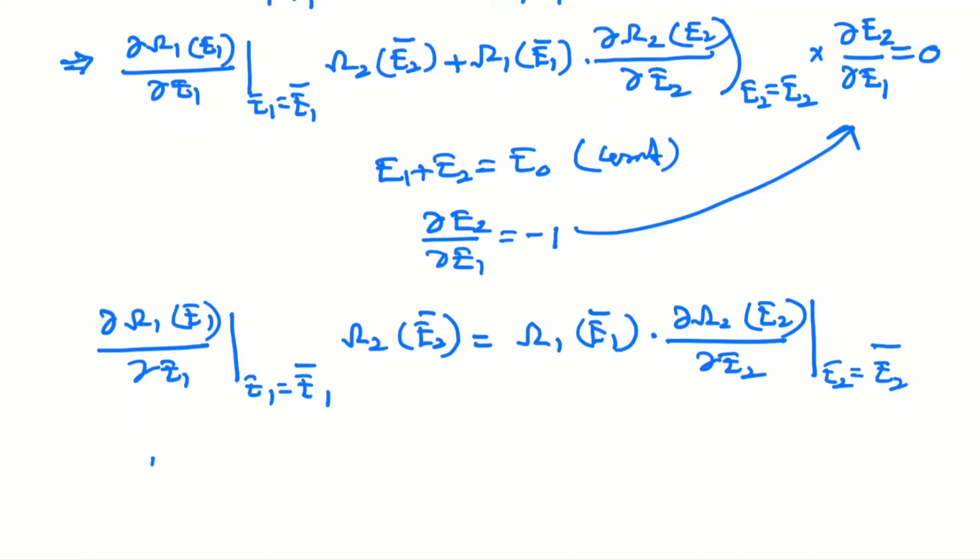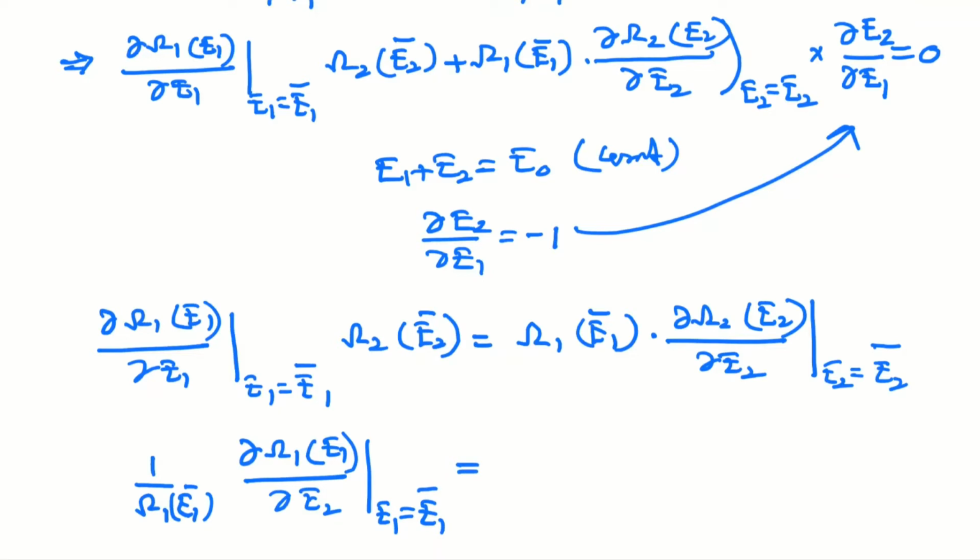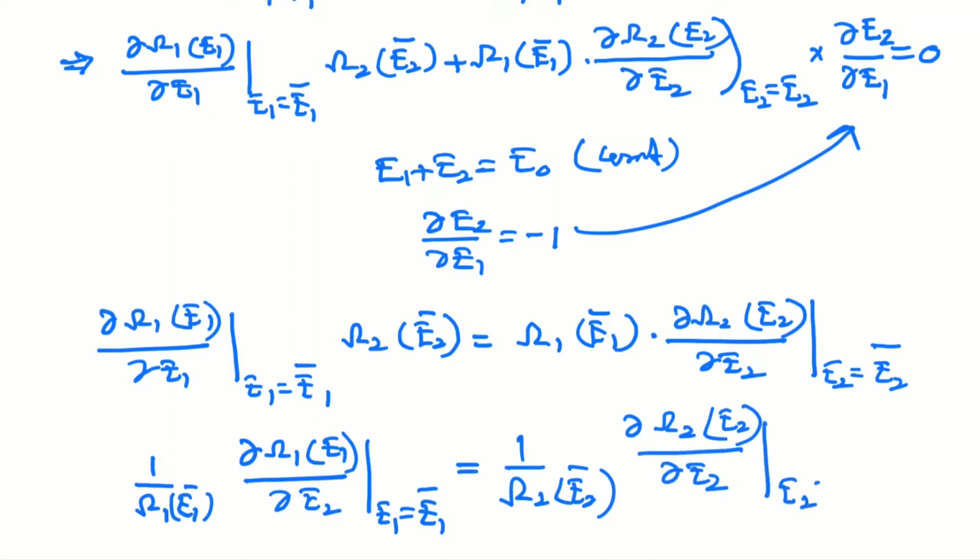We can rewrite this as 1 by omega 1 at E1 bar dou omega 1 of E1 by dou E1 at E1 equal to E1 bar equal to 1 by omega 2 at E2 bar dou omega 2 of E2 by dou E2 at E2 equal to E2 bar.